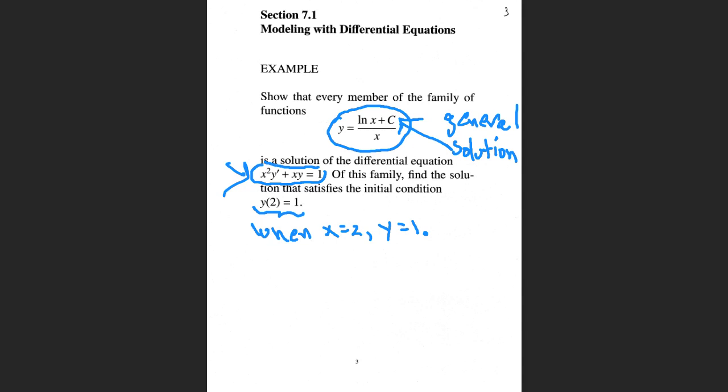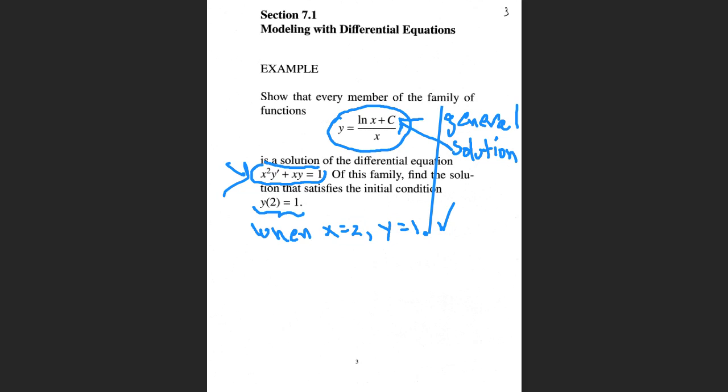When we put in this initial condition, we're solving what we call an initial value problem. And when you put in that initial condition, you're going to find a specific value for that constant c.